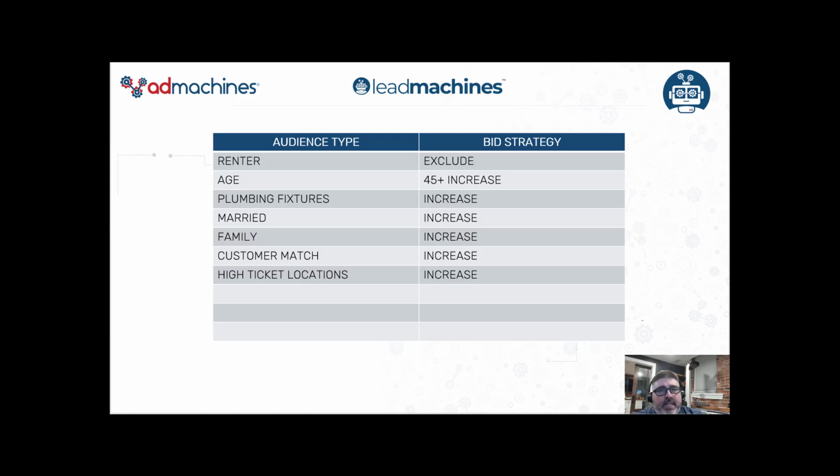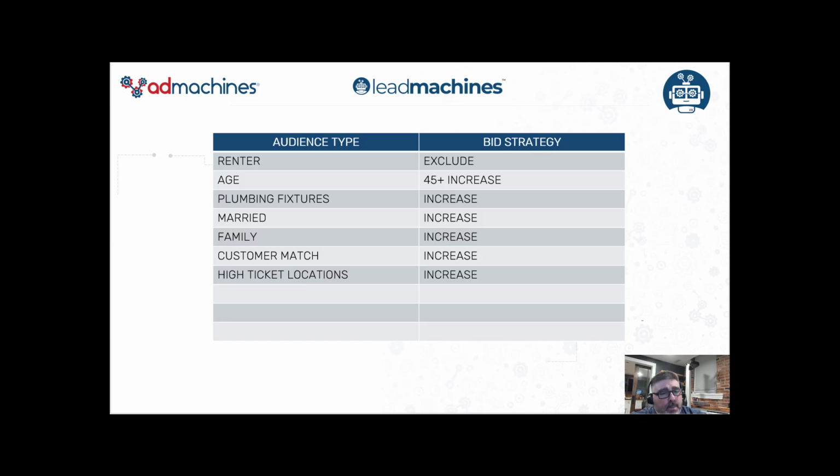That is an in-market audience with Google. Water heaters falls in that category. So anybody in the market searching for water heaters right now, we can target them. People who are married, who have a family, maybe who have kids in the home, we certainly want to target those people. That increases the level of urgency in getting the job done.